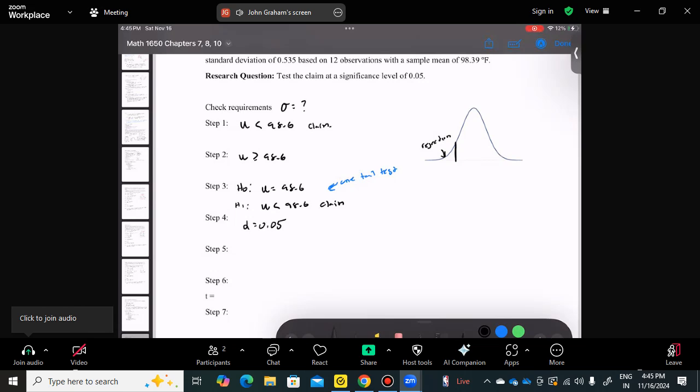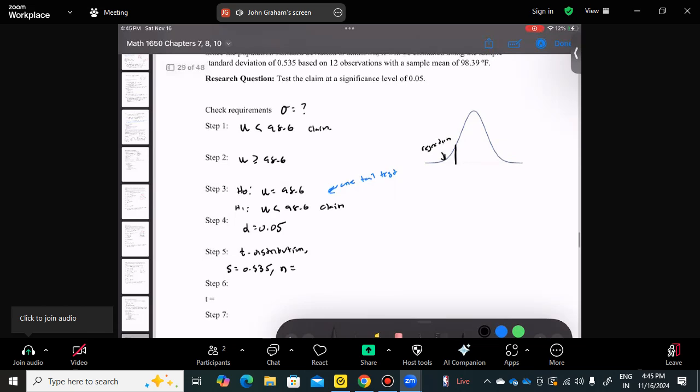And we are looking at a t distribution with sample standard deviation of 0.535, n equal to 12, and the sample mean equal to 98.39. Alright, so we want to find the test statistic as well as everything else.